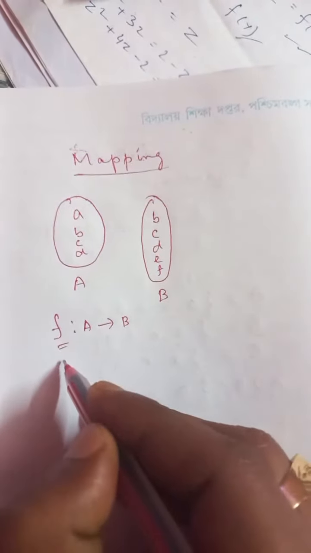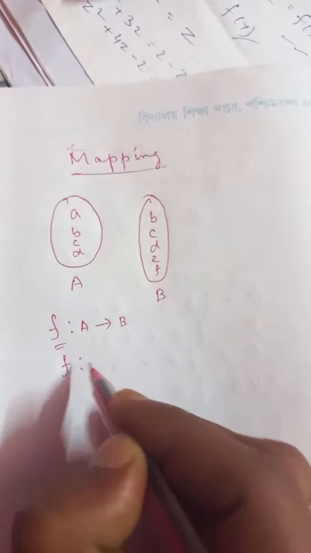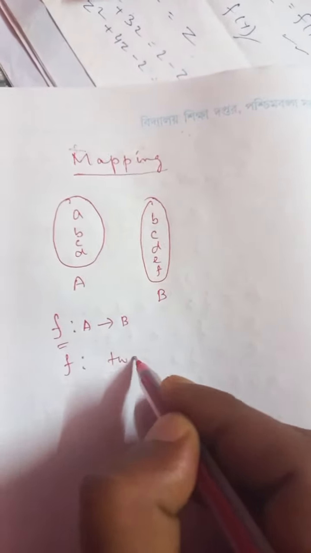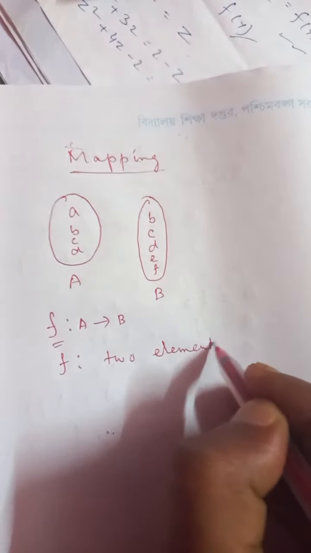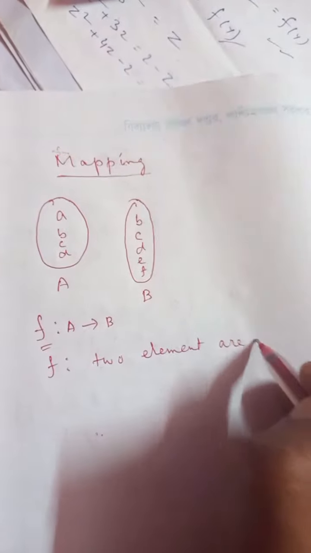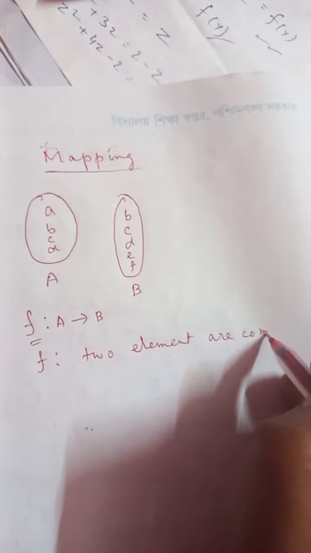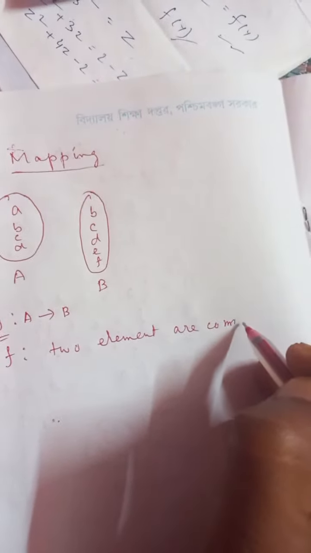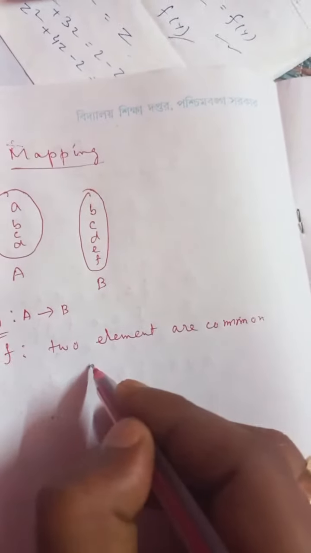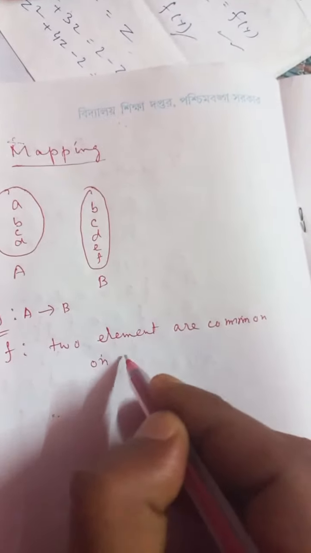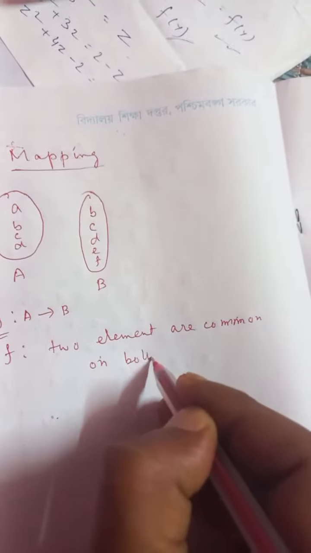This way this relation mapping is defined. Two elements are common on both sets.